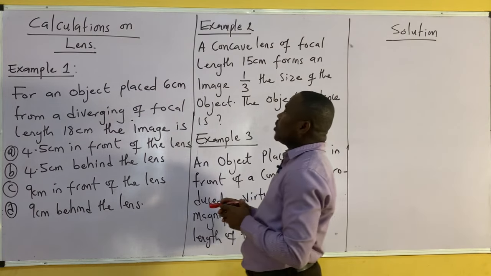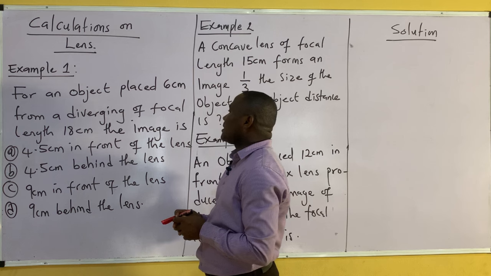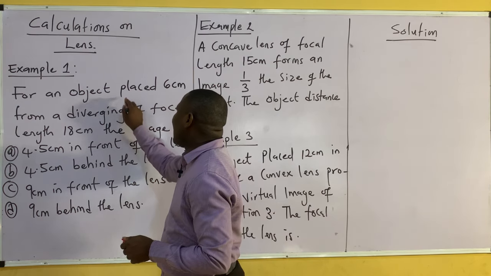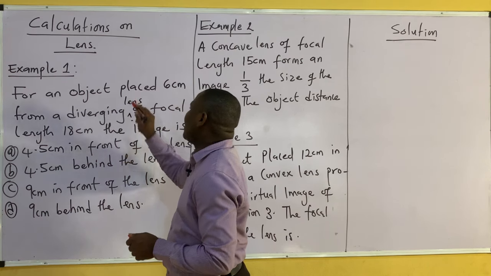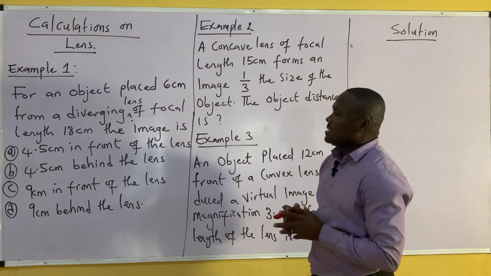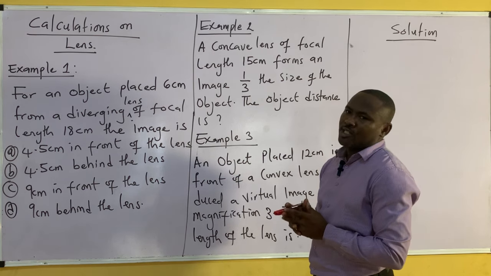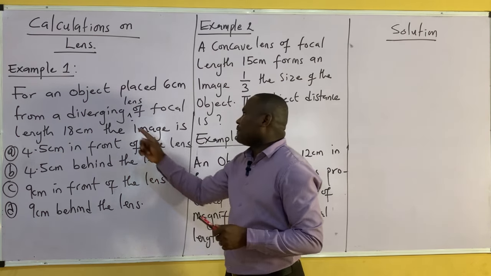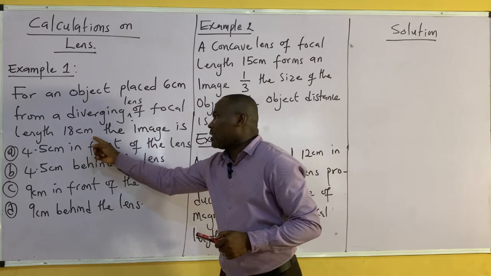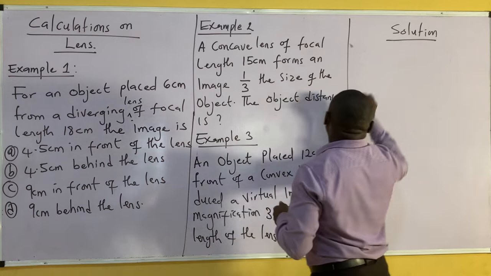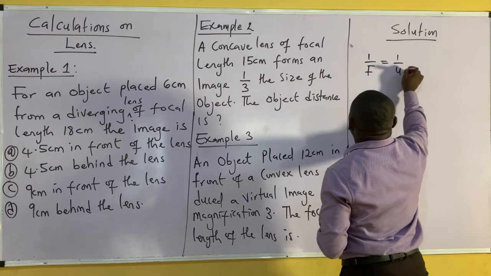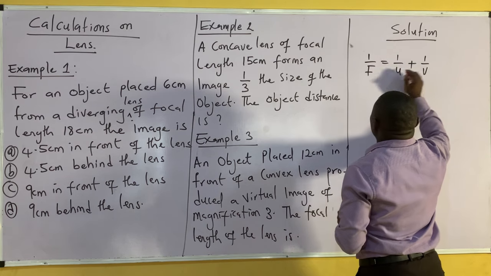It says, for an object placed 6 centimeter from a diverging lens of focal length 18 centimeter, the image is what? So we have the object distance, which is 6 centimeter, and the focal length, which is 18 centimeters. So I'll say 1 over f equals 1 over u plus 1 over v.